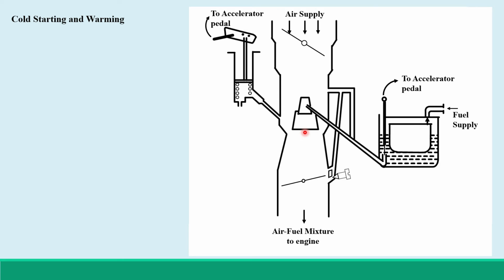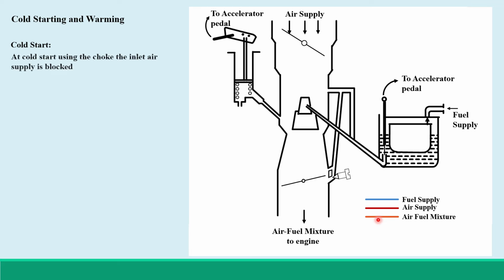Now let us try to understand various circuits under various conditions. So cold starting and warming. Here color lines are indicated for various supplies. Blue will indicate fuel supply, air supply will be indicated by brown, and this bright brown will be used for air fuel mixture.